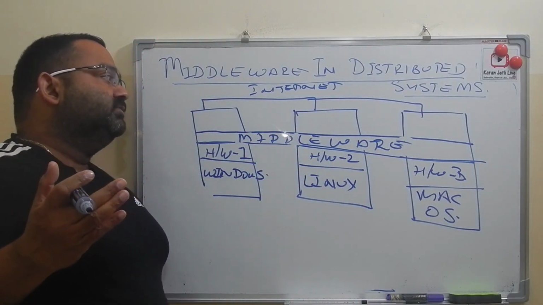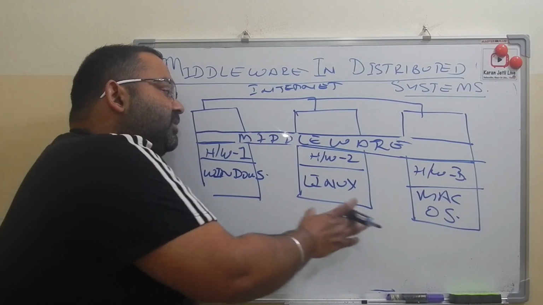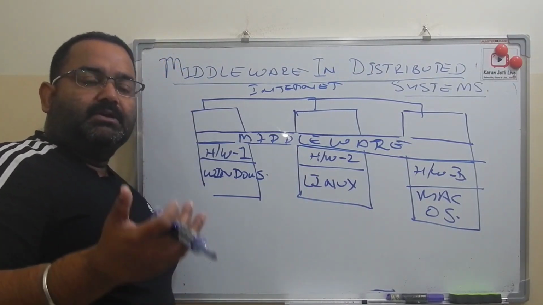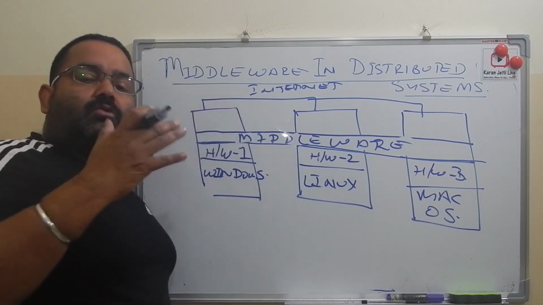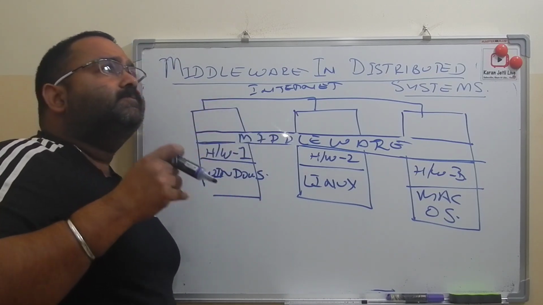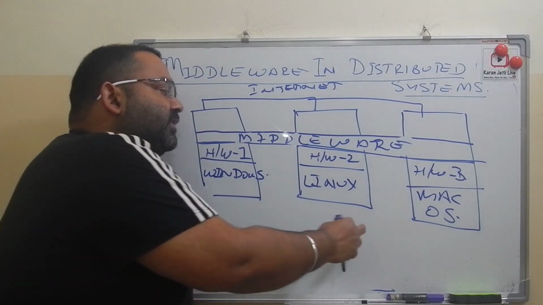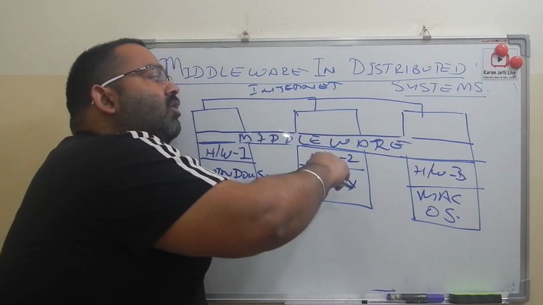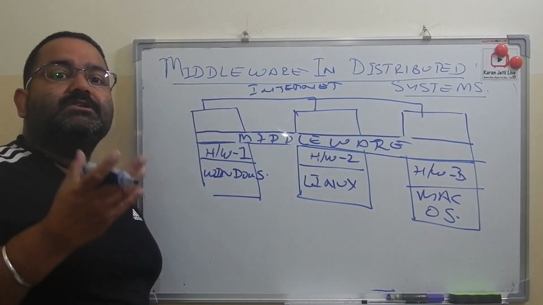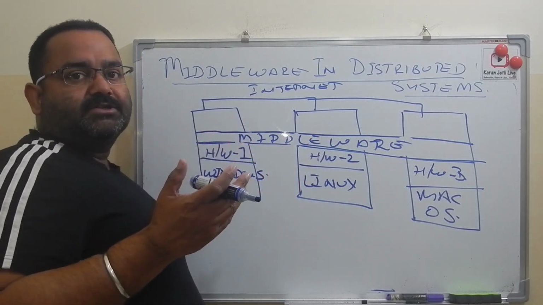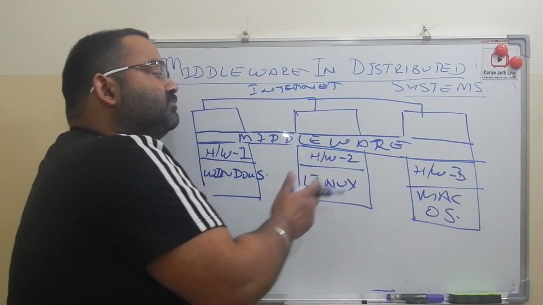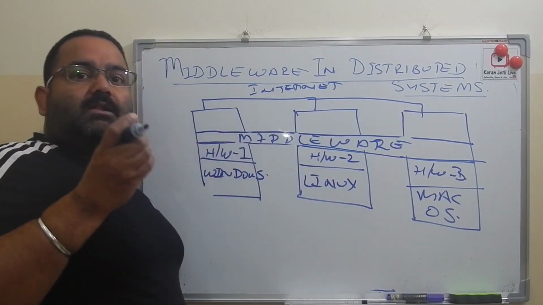The role of middleware is to enable the different platforms, different operating systems, and different hardware to work together, acting as a broker between the different types of machines so they can all interact with each other. Basically, what makes the interaction or interface between these computers possible is the middleware.